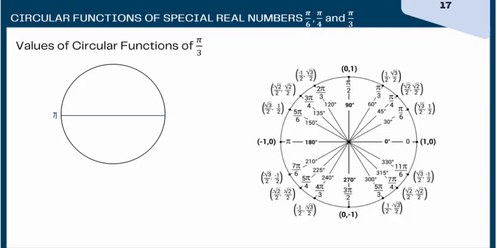If we do that, we can create a figure like this. We are going to divide our pi into 3 equal parts, so that is how it looks.